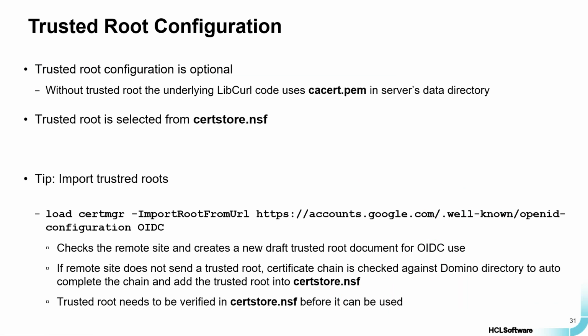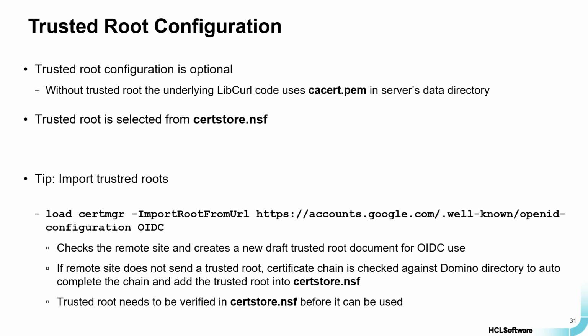Trusted root configuration: by default, it will just use the CA certs in the server's data directory. But if you're a little bit more paranoid, you can have a trusted root configuration, which is new in 12.0.2, where the cert store is holding the trusted roots.